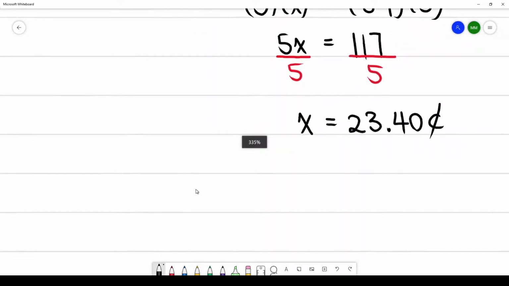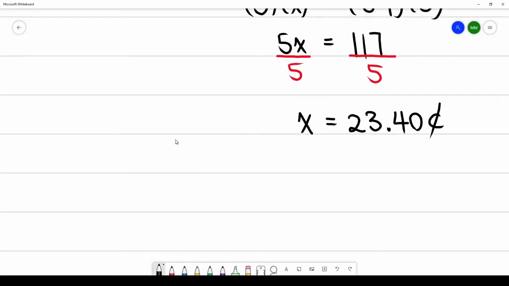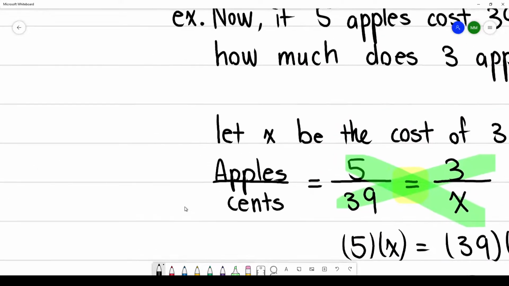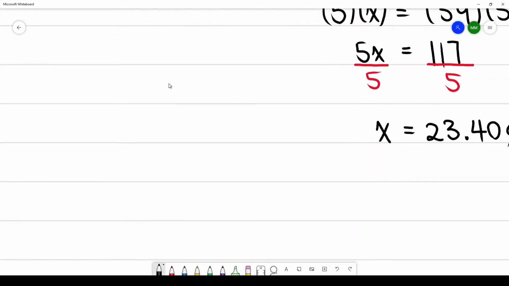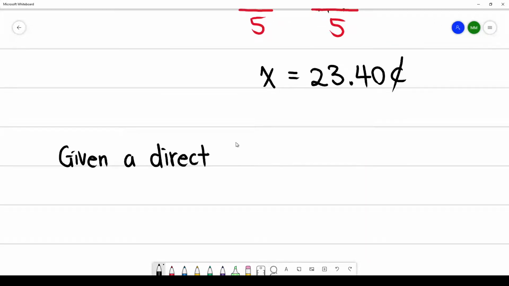So, given a direct proportion, and we'll talk about inverse proportion in a later day.